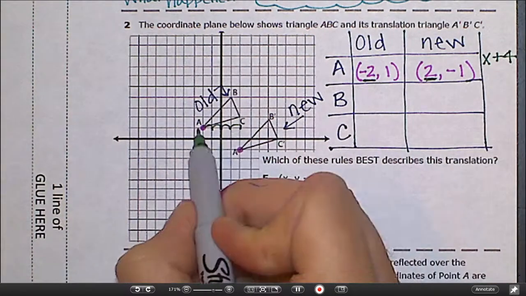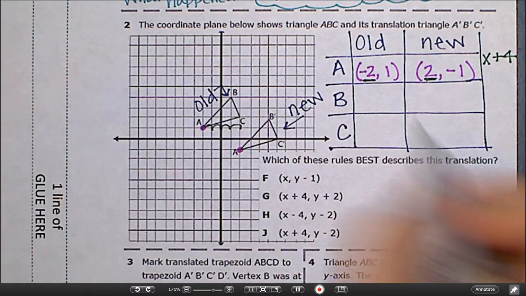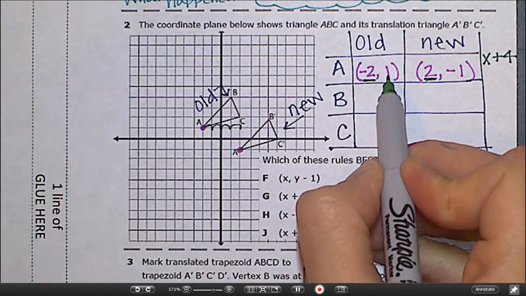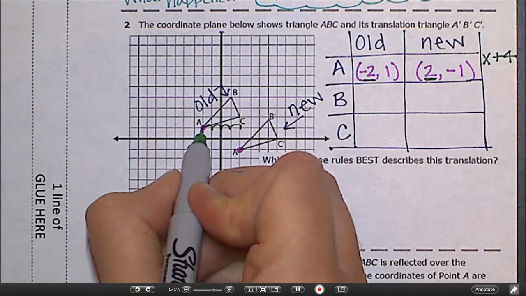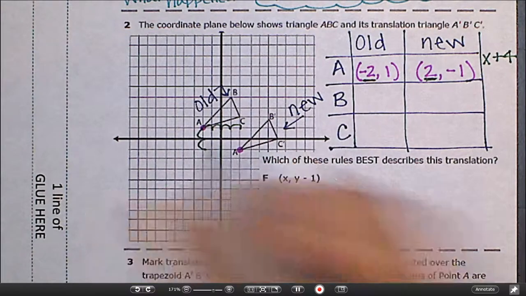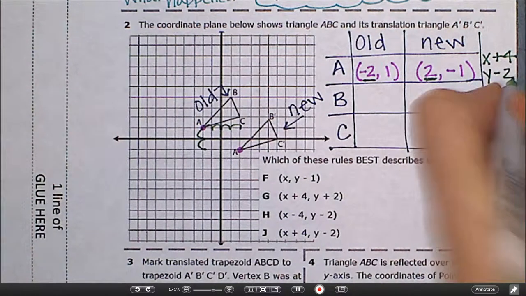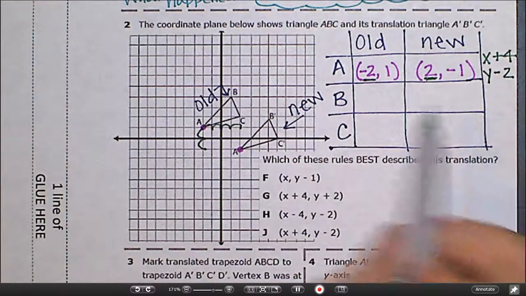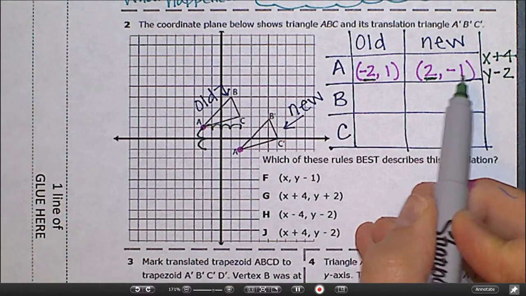The original x plus 4, -2 plus 4 is +2. For my y value, 1, to get to -1, I have to go down 1, 2. So y minus 2, because I'm going down 2. And if I start with 1, 1 minus 2 is -1.